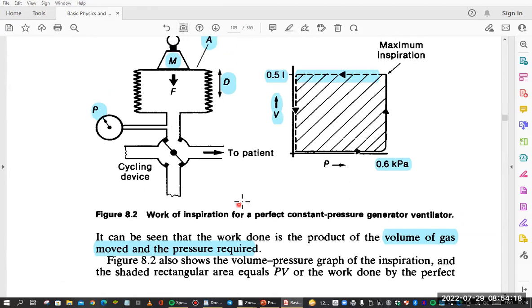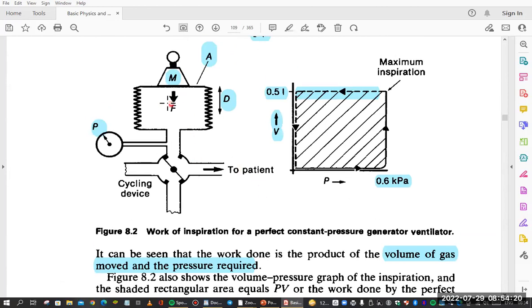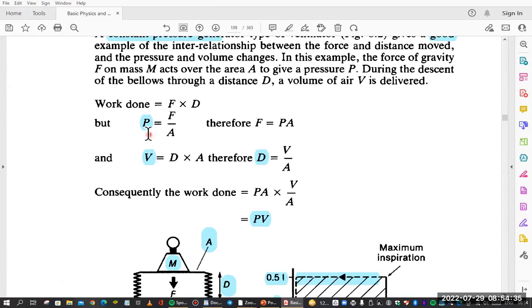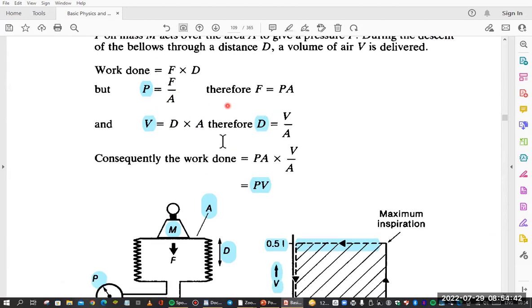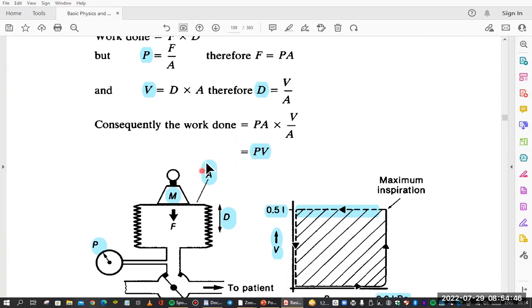So we have a constant pressure ventilator, and it has a weight, an area, and a volume of descent. Whenever it descends, all this creates a force and a distance. Simply speaking, the force equation is worked out, and then the volume can be calculated, and we can figure out the end result that the work done by the ventilator is pressure times volume.